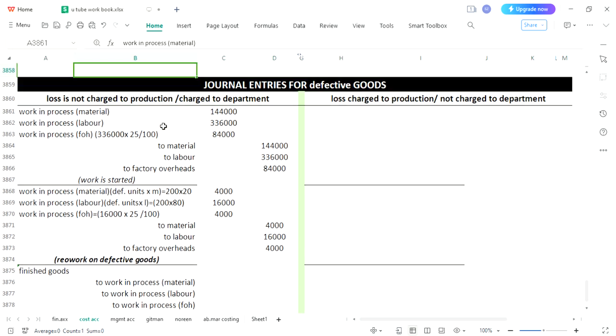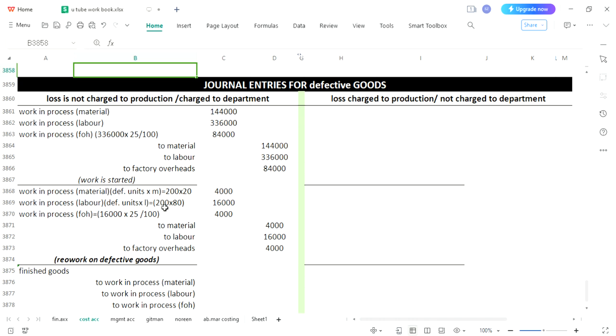See, work in process material is present on the debit side in the first entry. This is option number 2. Option number 1 is to make a ledger. Work in process material is present on the debit side, and in the second entry work in process material is also present on the debit side. So both amounts are present on the debit side, same sign. Like in mathematics, if the sign is plus and the other sign is also plus, we add.